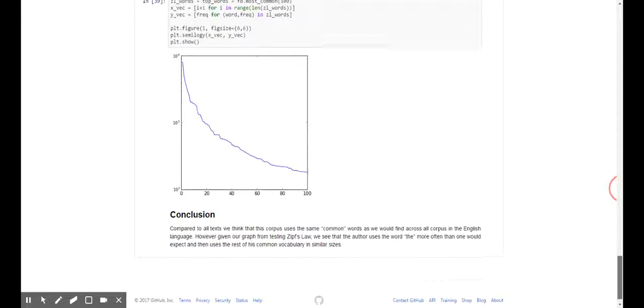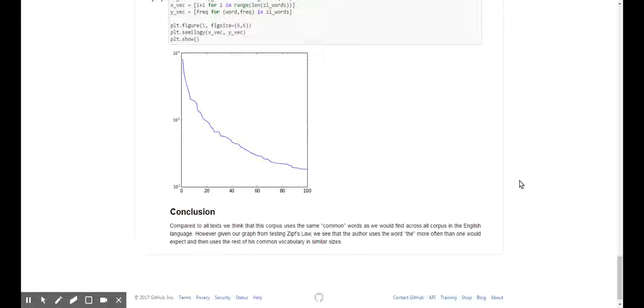And in conclusion, comparing to all text, we think this corpus text uses the same common words that we find across the English language.